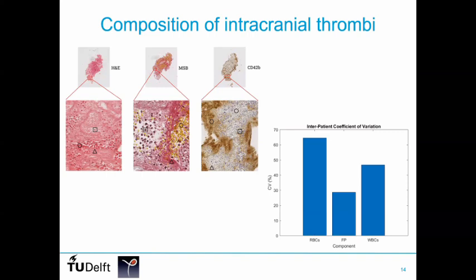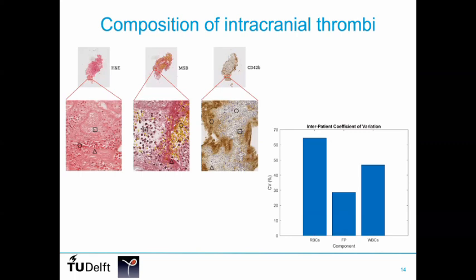But if we take samples from an individual patient, and we look at the average concentration of red blood cells in each cross-section from that thrombus, from that patient, we can look at how this varies, and we can quantify this with the coefficient of variation.